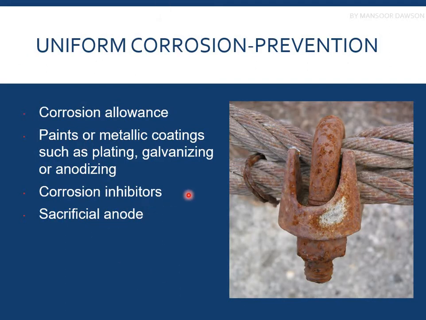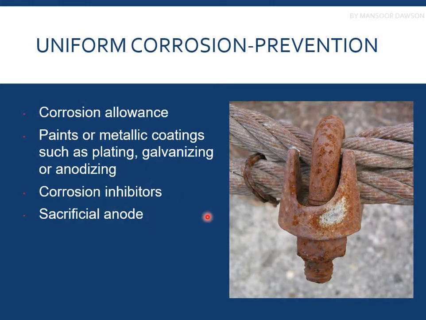Next, you can do galvanizing, in which you coat zinc on your part. You can coat melted zinc, or you can just spray a hot powder of zinc. So both are done.